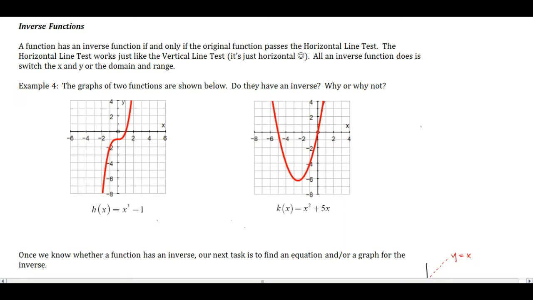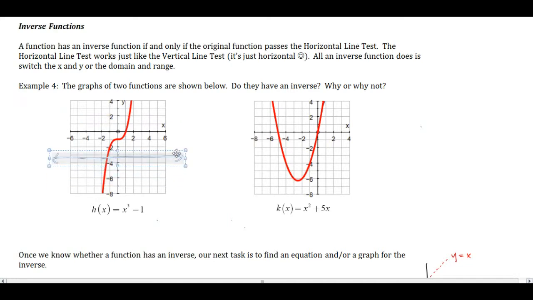So look at this first one here, this x cubed. I know it's a function because it passes a vertical line test, but what about its inverse? Would its inverse be a function? Well, I just do a quick horizontal line test. So all I do is take this and slide it up and down, and it only hits the graph once.